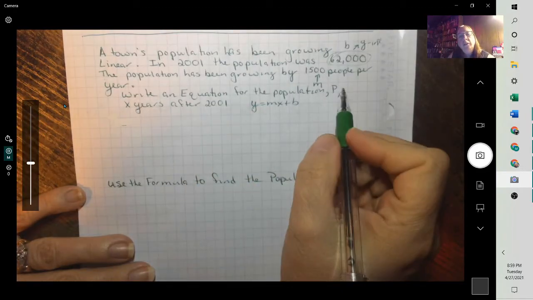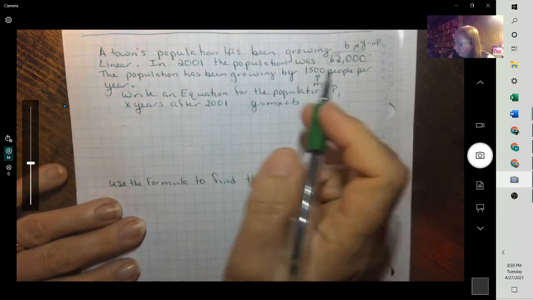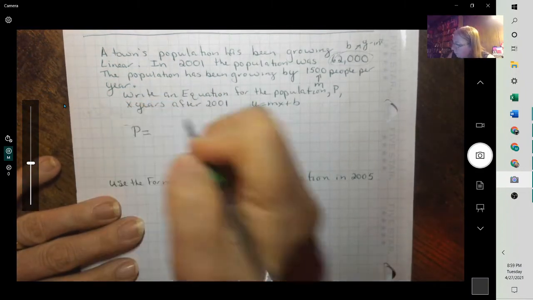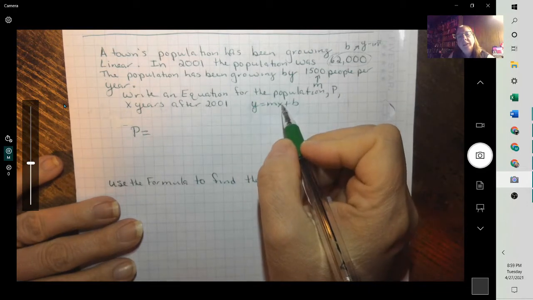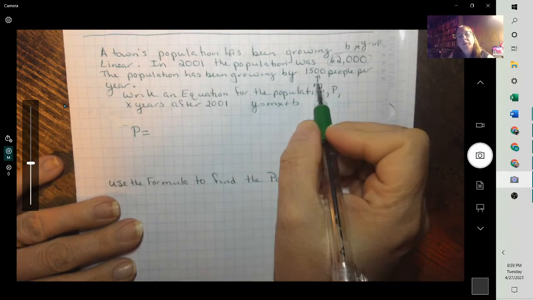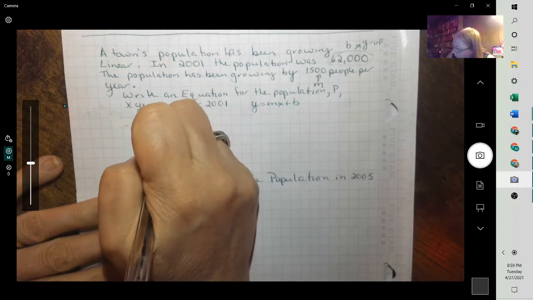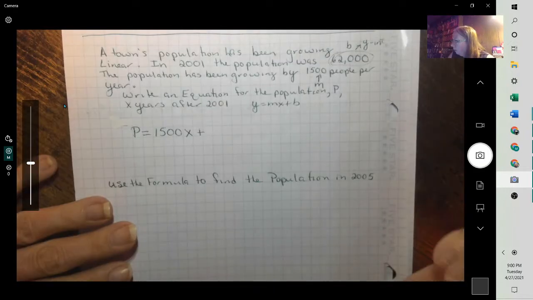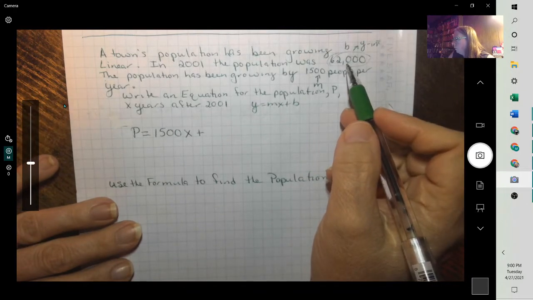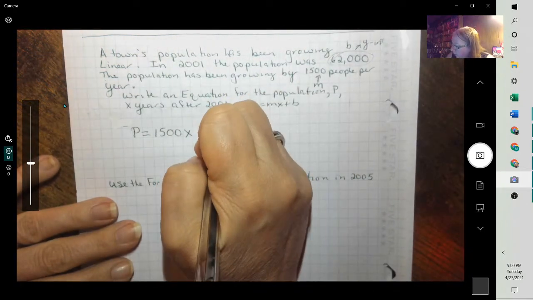They want us to use P for population and X for years. So we're going to keep the X. Our slope is 1,500. And our fixed amount or starting amount is 62,000.